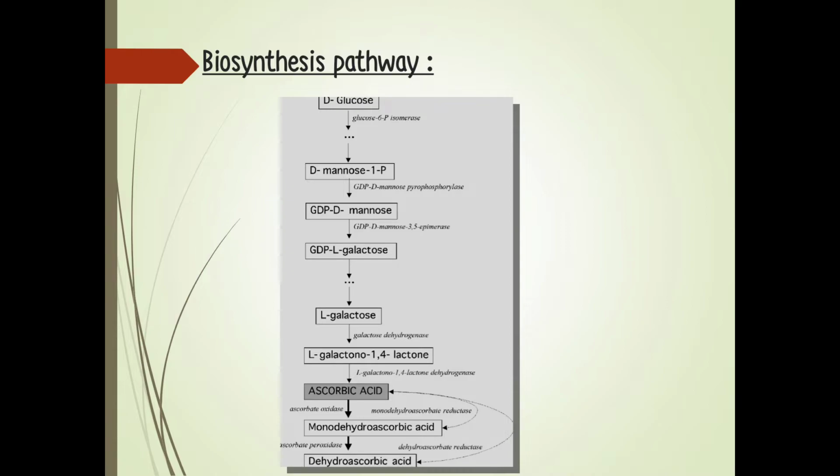Now this ascorbic acid stereoisomerically changes to erythorbic acid, or erythorbic acid changes to ascorbic acid, depending on the concentration in the organism producing it. So this is how it is produced biosynthetically in living organisms.